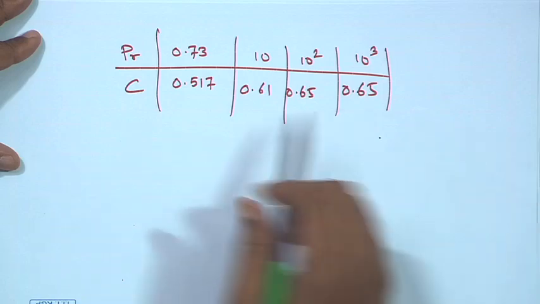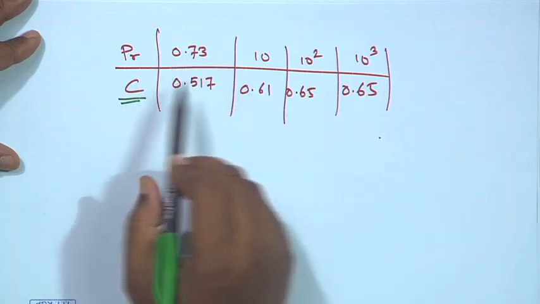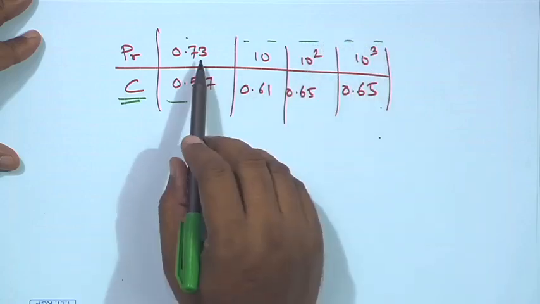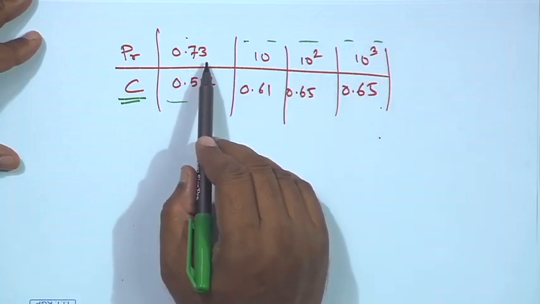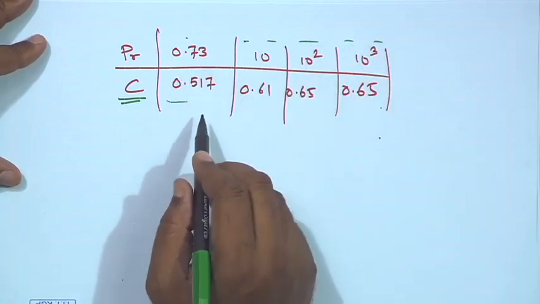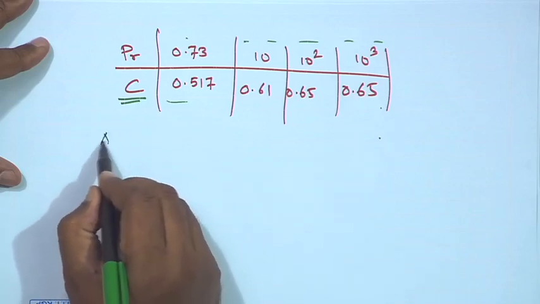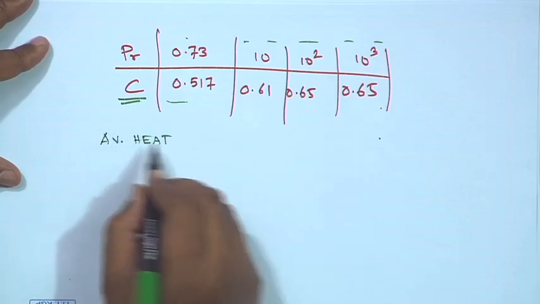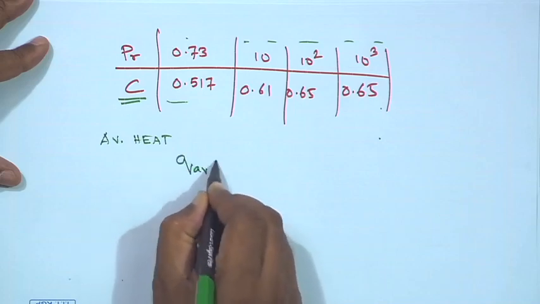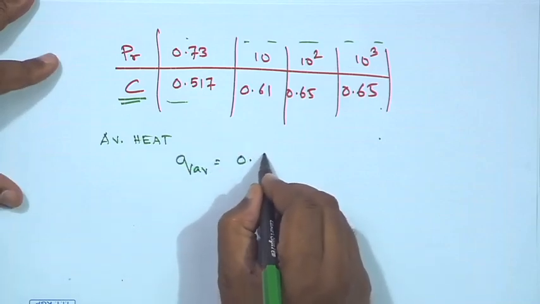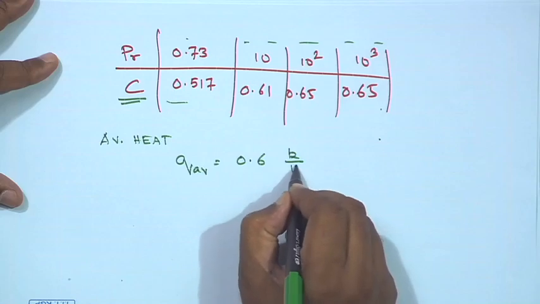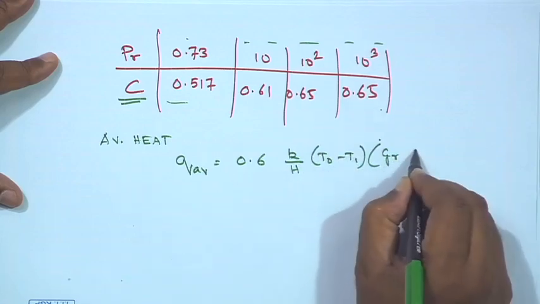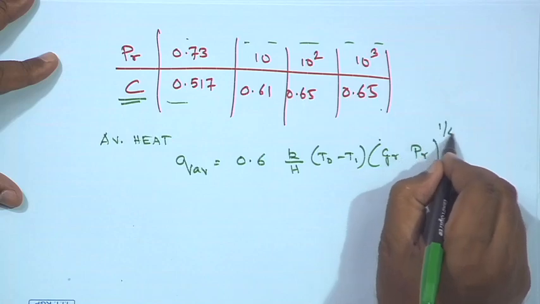So, you can see that the experimentally obtained value of C does not depend strongly on the Prandtl number. So, the average heat flux from a vertical plate would simply be equal to 0.6 times k by H, T0 minus T1, times Grashof number times Prandtl number to the power 1/4.